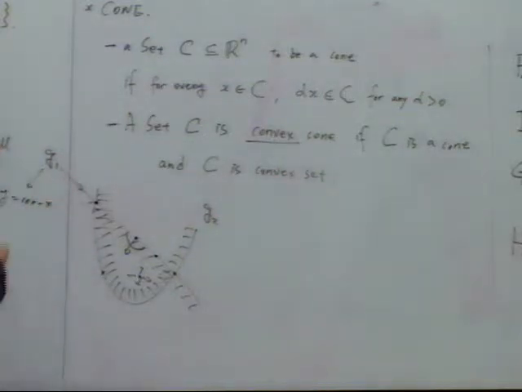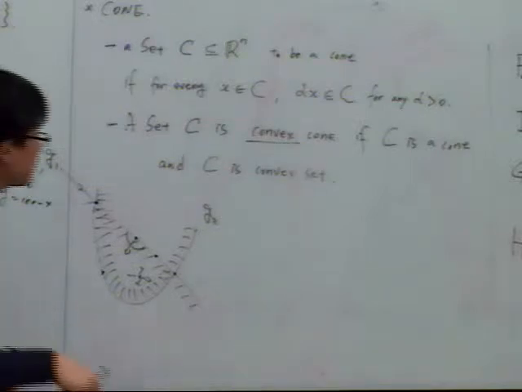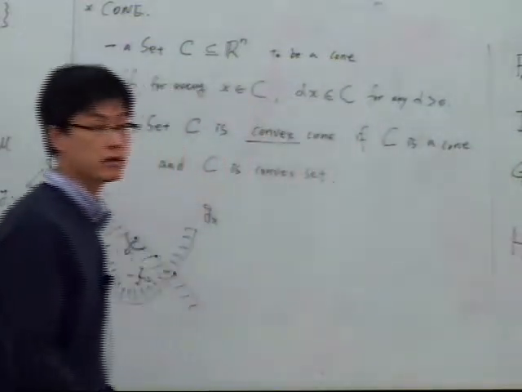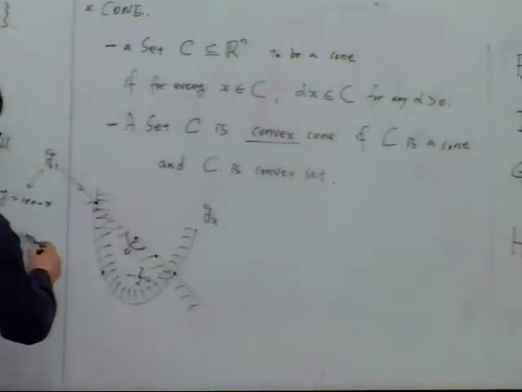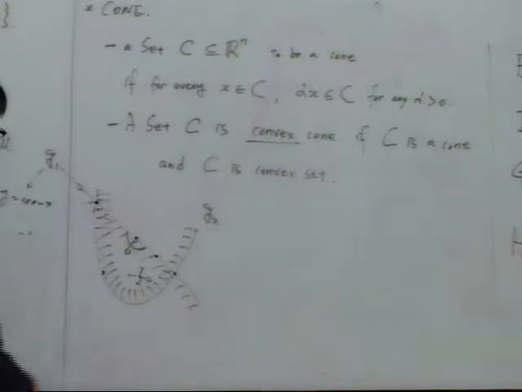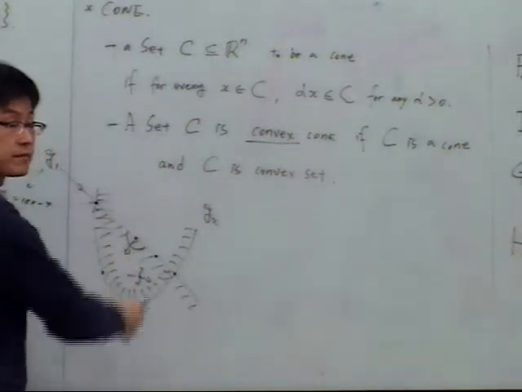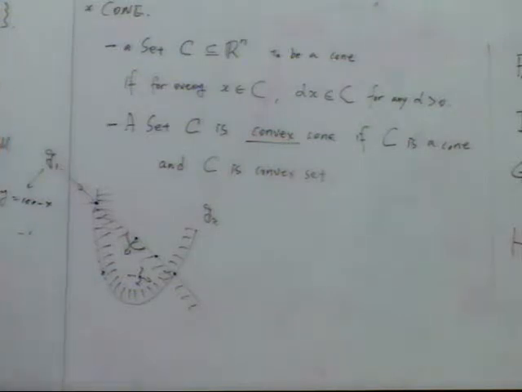I defined it like this: 100 minus x is your g1, and the gradient is minus 1. It does not depend on your location, right? Am I right?